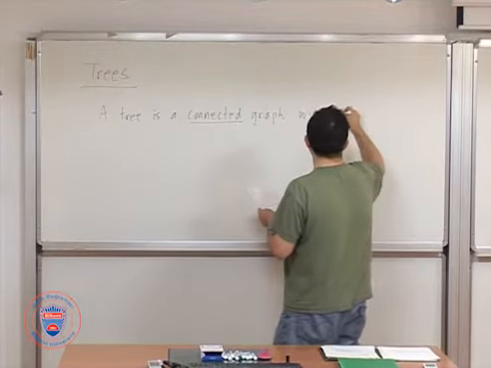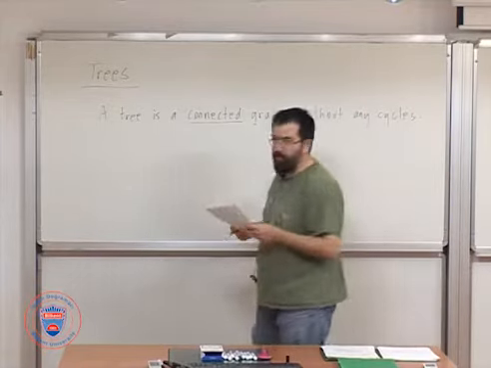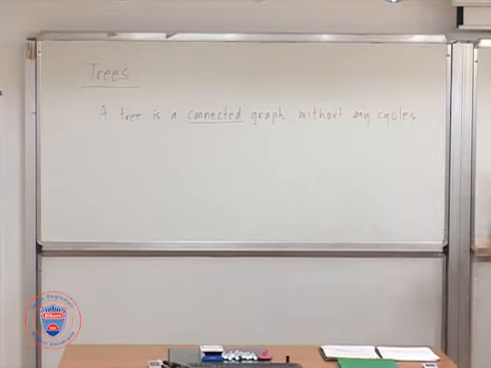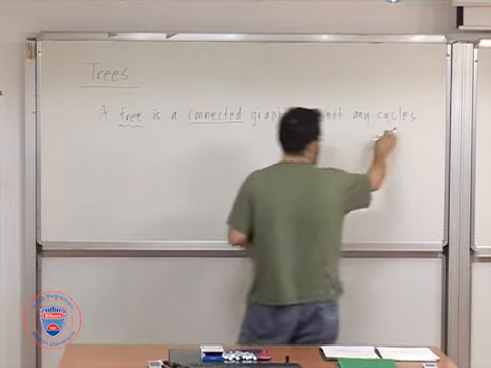Without any cycles. Cycles, remember, are when you start from a vertex, you move on edges, and you come back to the same vertex. That's called a cycle. And for a tree, this is what we're defining: you're not allowed to have any cycles.